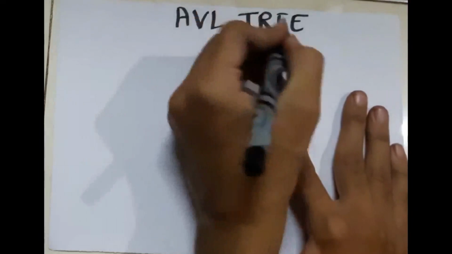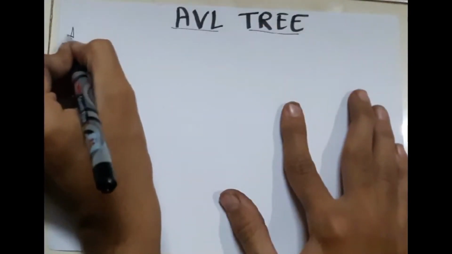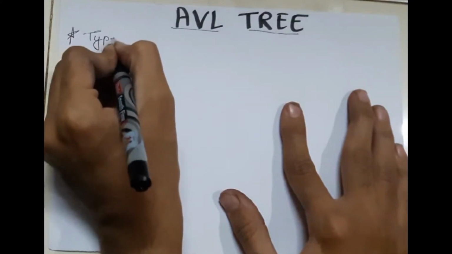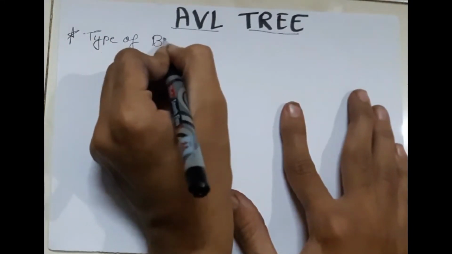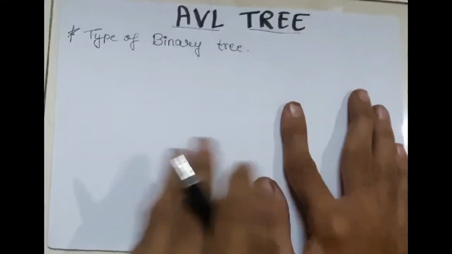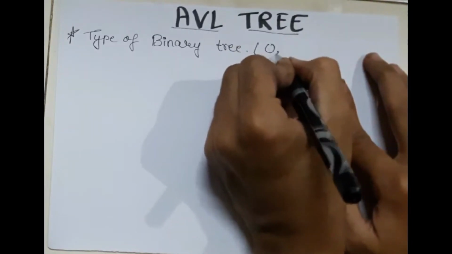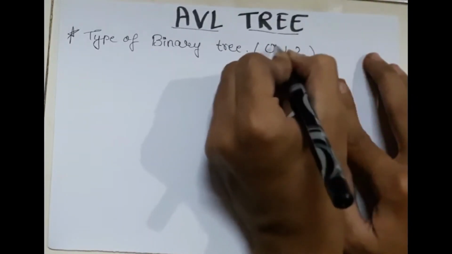The next topic in data structure is AVL tree. So AVL tree is a type of binary tree. That is, the nodes of this tree will have at the most two children, either 0, 1 or 2.